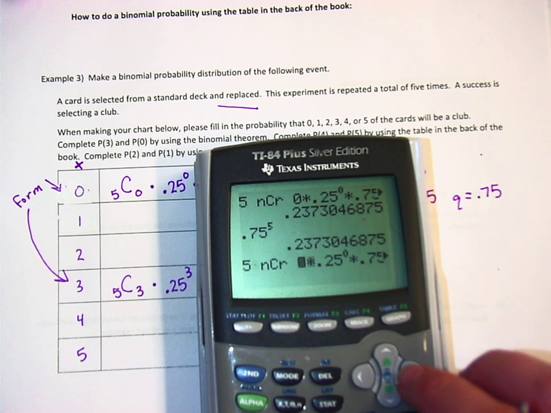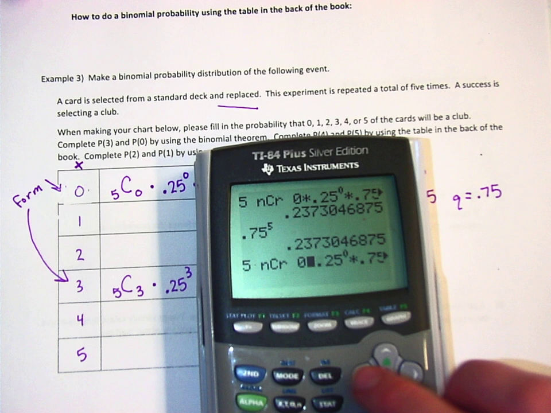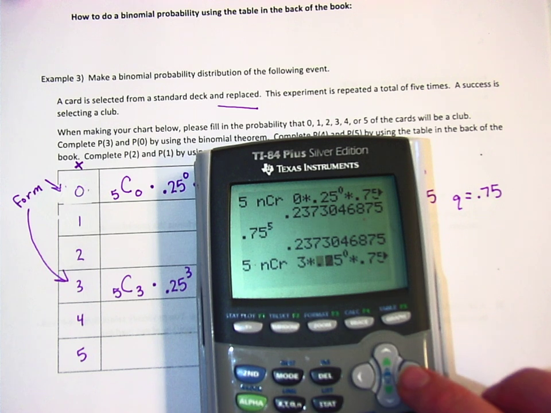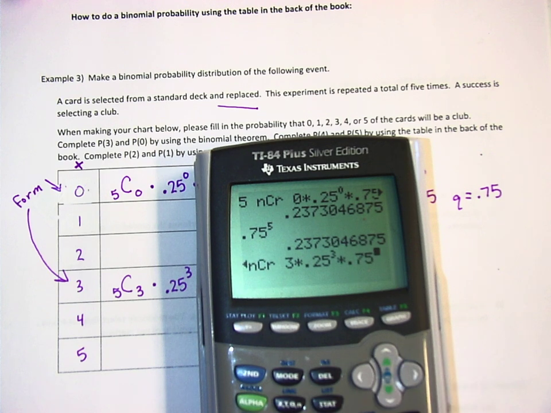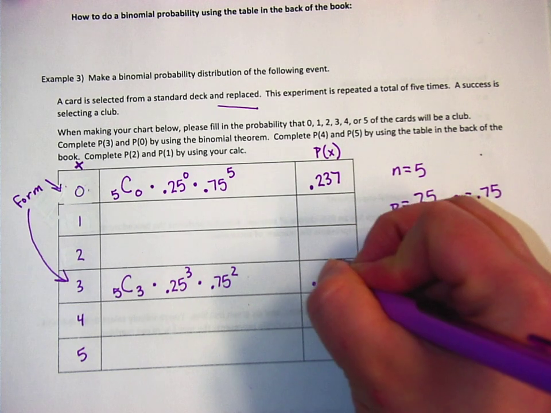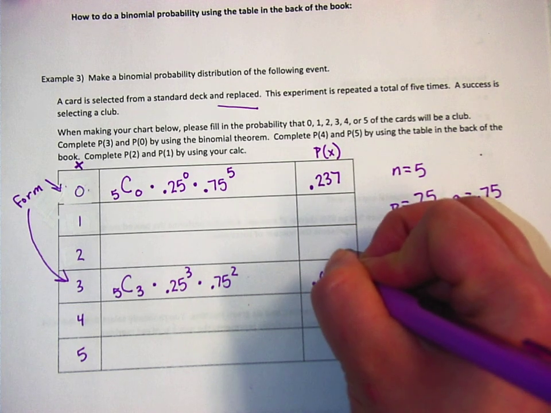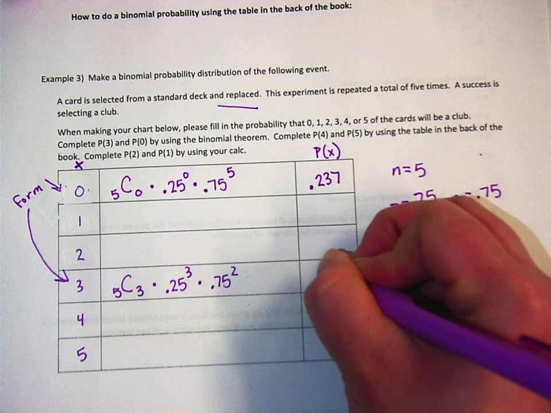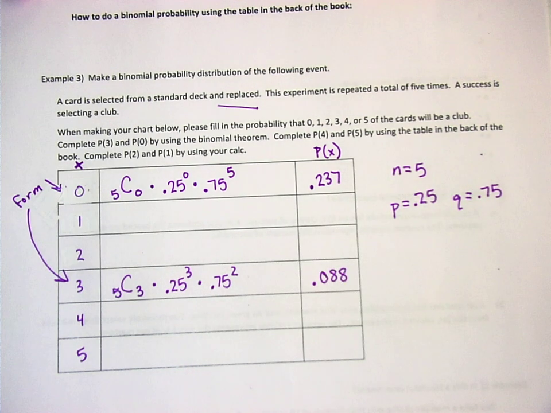So this time I've got 5 choose 3 to figure out which ones are my successes, which draws, I guess. 0.25 to the third, 0.75 squared. Hopefully I'm not losing you guys at this point. This is 0.088. And remember that you can totally pause this video and rewind it at any point you need to.